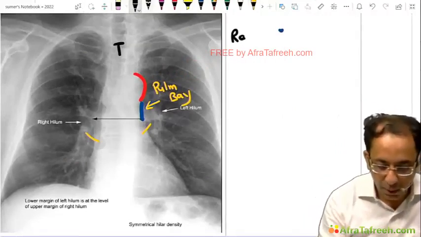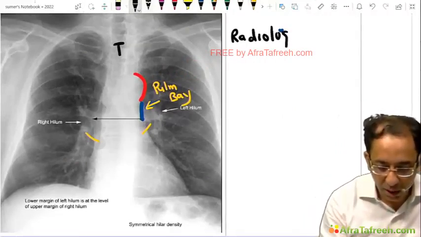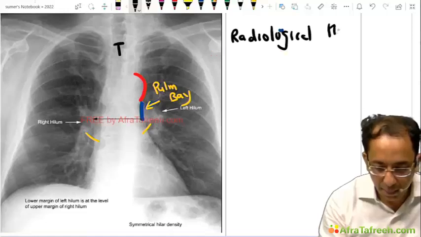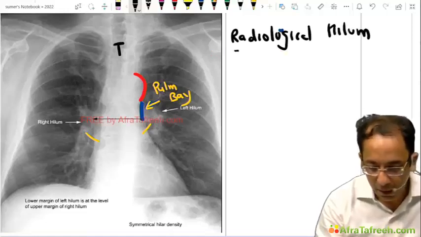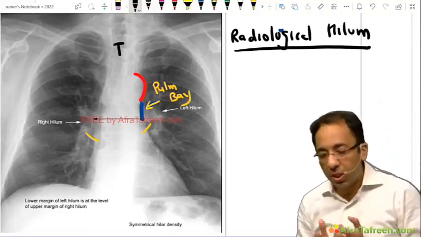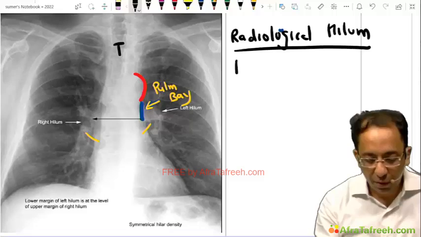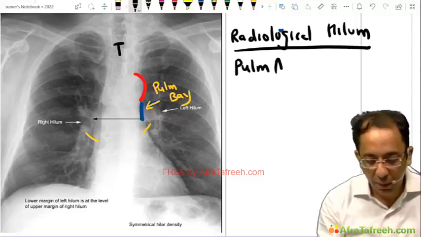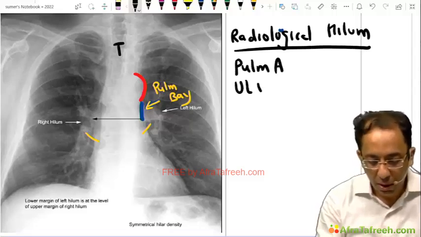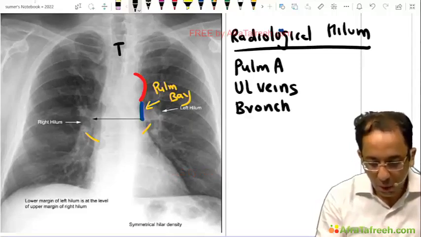So below the main pulmonary artery, you have the X-ray hilum. Okay. Now what is this radiological hilum? This radiological hilum is made up of the right and left pulmonary artery, upper lobe veins, and bronchus.